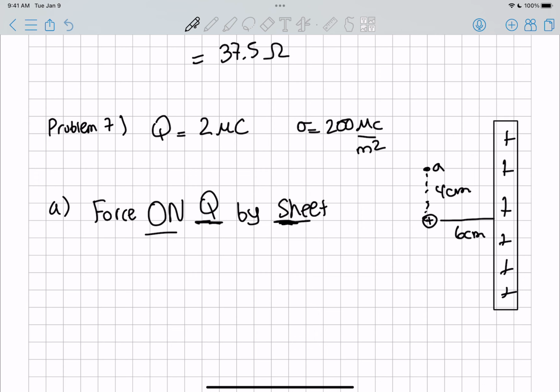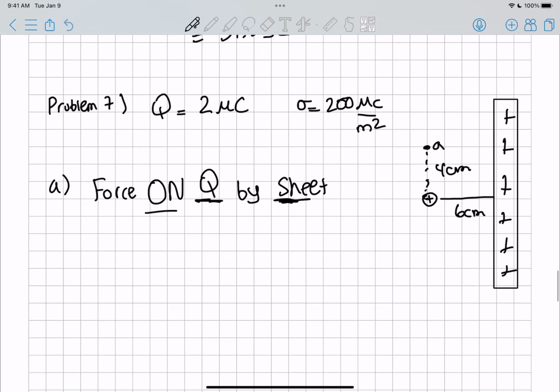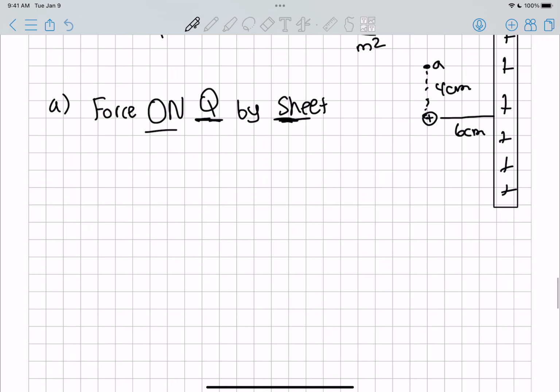What does this notation mean? There's a really easy way you can figure things out, and I mentioned this in my slides. You can think about this as, what does the charge feel by the other thing? So commonly we might have force of Q1 on Q2. This is basically saying, how does Q2 react to Q1?